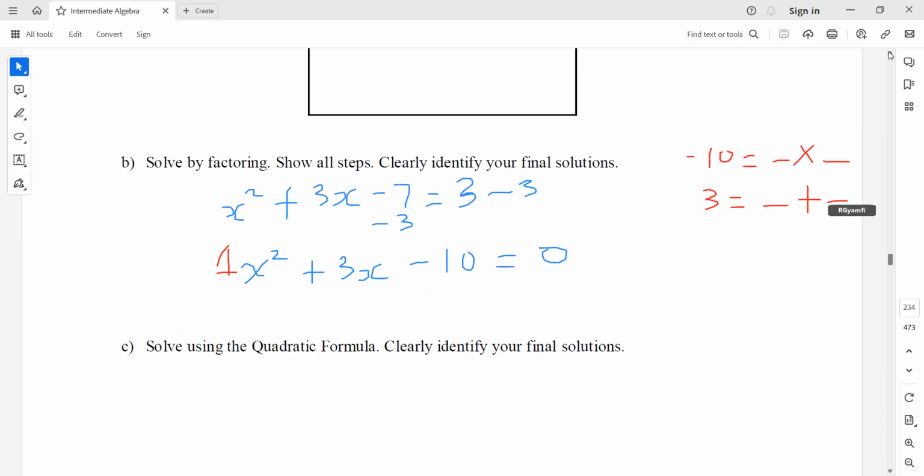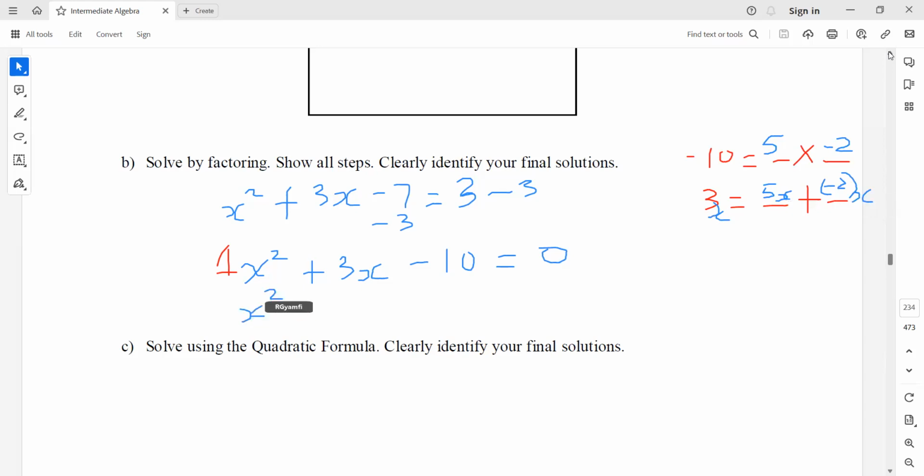What are the two numbers? I think it's going to be 5 and negative 2, right? So I'm going to replace this with 5x minus 2x.